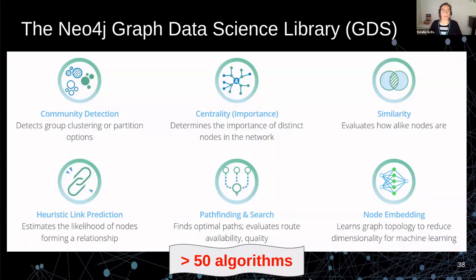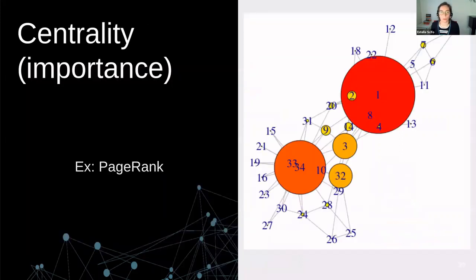So for graph algorithms, you can find implementations in different packages. One of the big advantages of Neo4j is the Neo4j Graph Data Science Library, the GDS, where there are more than 50 algorithms implemented for each of these types of algorithm. And it's really super easy to use.